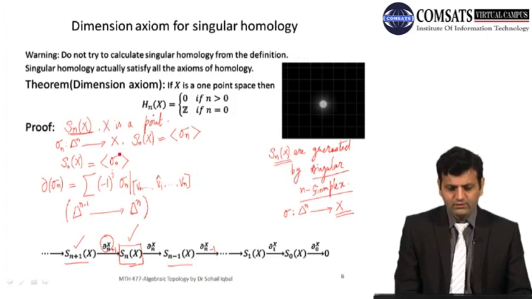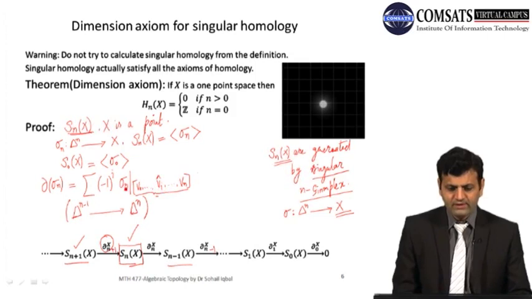Okay, now what do we know about sigma n? It's a constant map, and it maps each and every point of this standard n simplex to that one point. And when we restrict this sigma n to a subsimplex, in other words, as we have discussed, when deleting this vi I am taking the rest as a standard n minus 1 simplex.